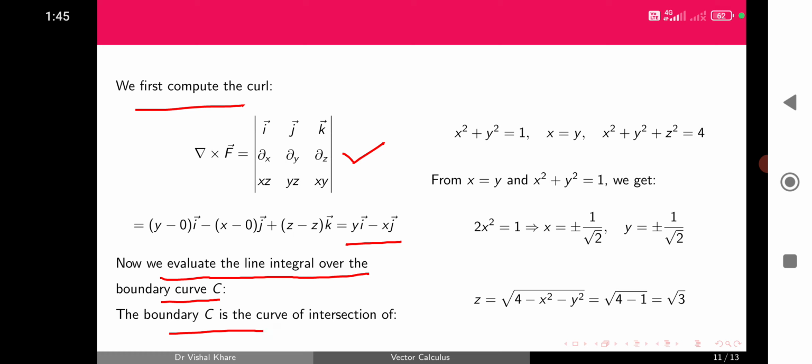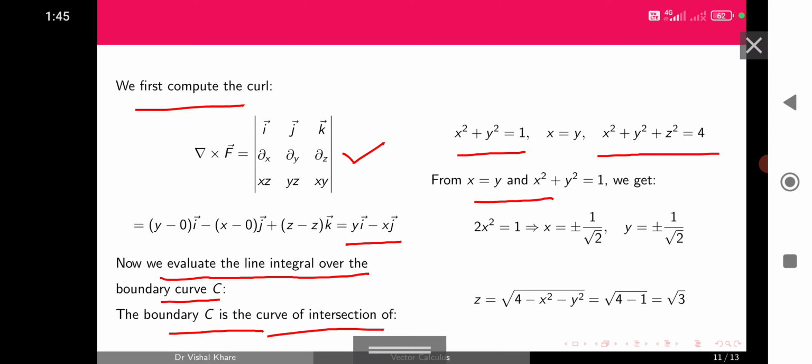The boundary curve C is the curve of intersection of x squared plus y squared equal to 1, x equal to y, and x squared plus y squared plus z squared equal to 4. So from x equal to y and x squared plus y squared equal to 1, we get y is equal to plus or minus 1 by root 2, x equal to plus or minus 1 by root 2, and z equal to root 3.